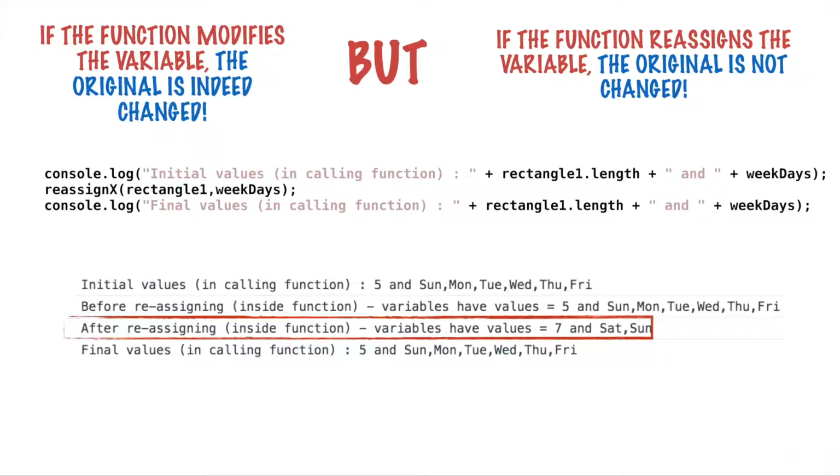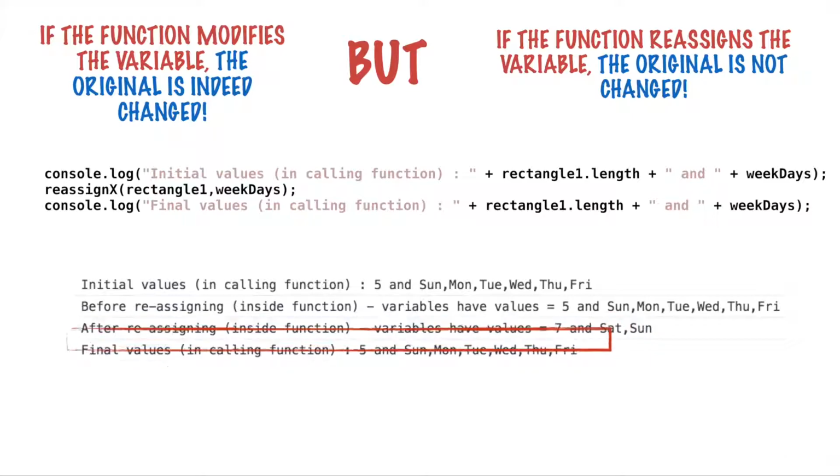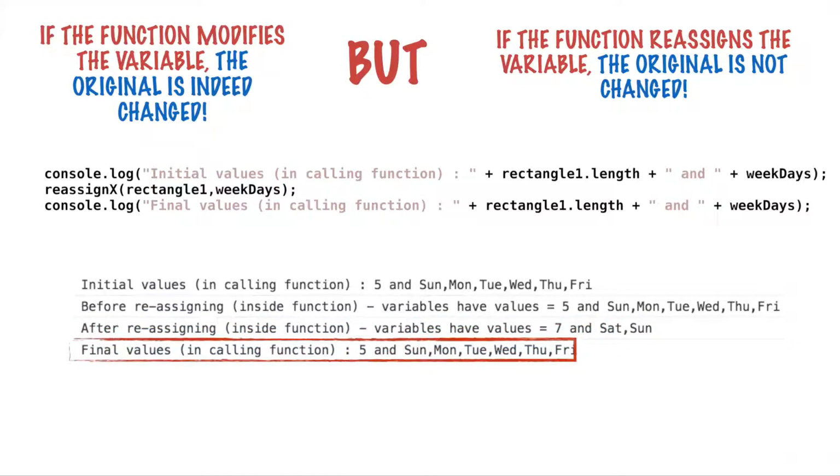Now let's see how the values outside in the calling code are affected. If you look at the very last line that's printed on the console, you'll see that the original values of rectangle, the length of the rectangle, and the weekdays array is not affected at all. It remains unchanged.